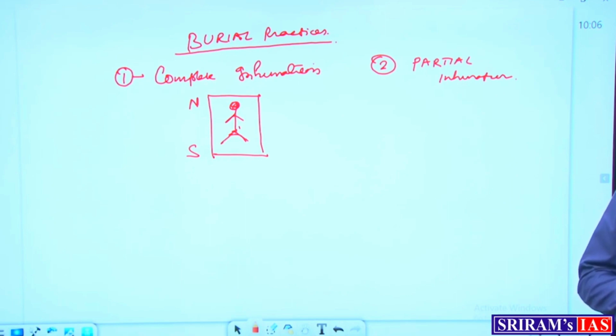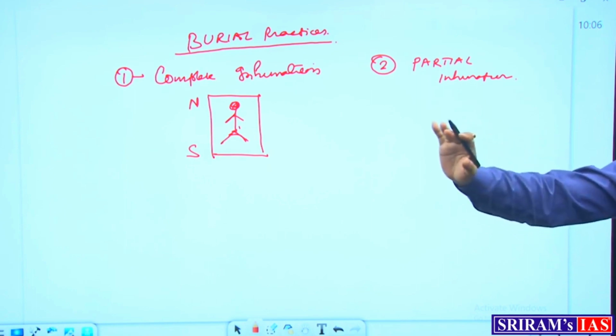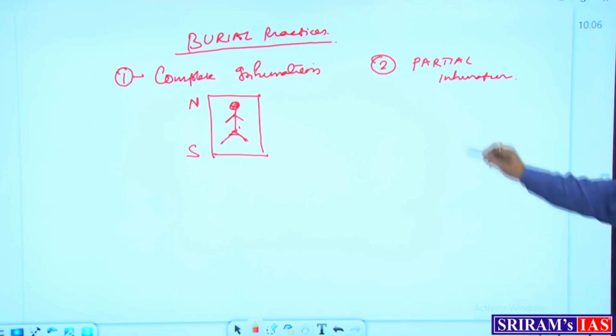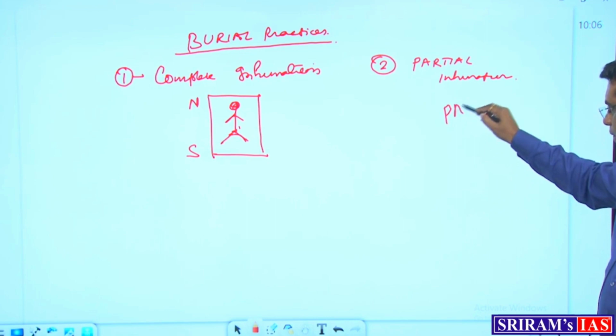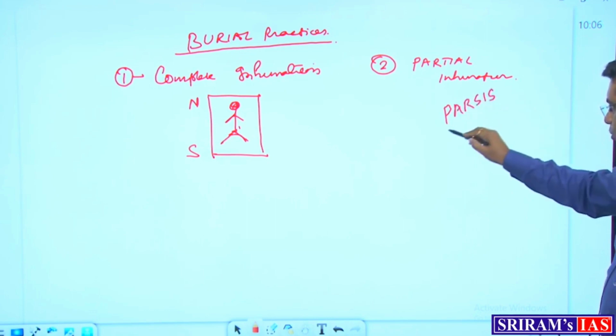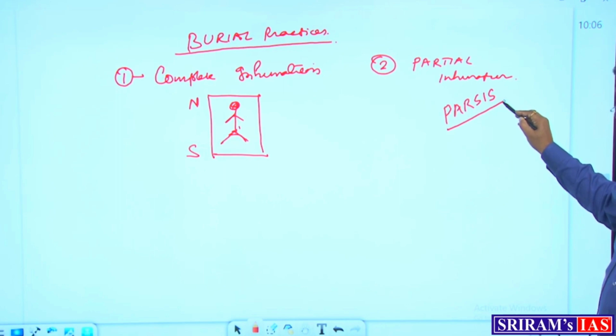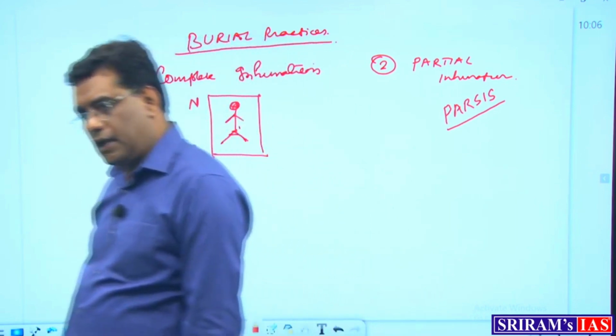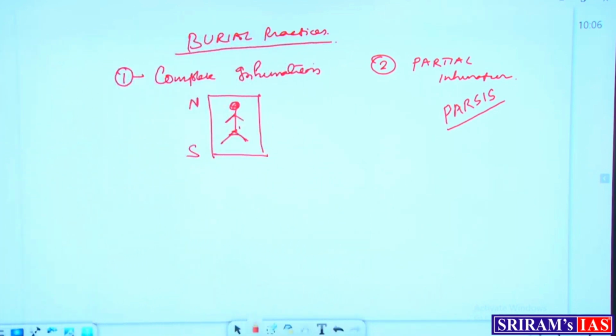Whenever anybody died, the body was put in the forest for some days, and the animals, the beasts, ate it, and thereafter the body was brought back and buried. So this is called partial inhumation.